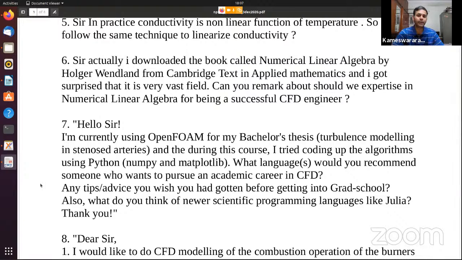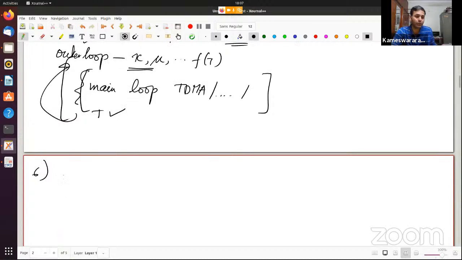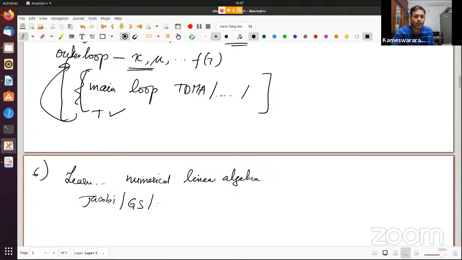Well, of course, numerical linear algebra is a very vast subject. You don't have to master the entire linear algebra. Rather, I would suggest you learn the workings of some numerical methods, at least the basic ones, such as Jacobi, which we are learning in the course, or Gauss-Seidel, or the conjugate gradient method, or the steepest descent method, or multigrid.